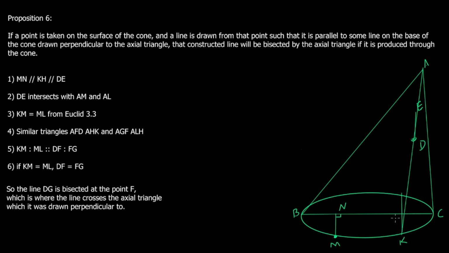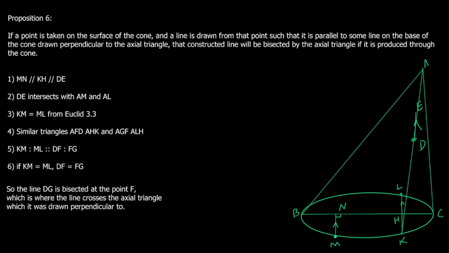We will label this H and this L. Now this line is parallel to the line MN because we've constructed both of these lines perpendicular to the line BC. And two lines perpendicular to the same line are parallel to one another. And so it's also parallel to DE because we know we drew DE parallel to MN.